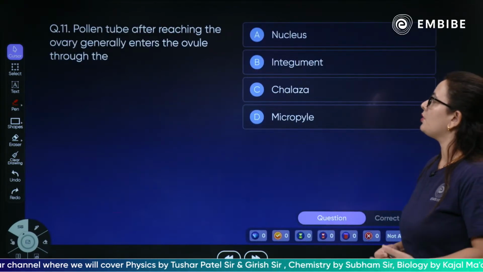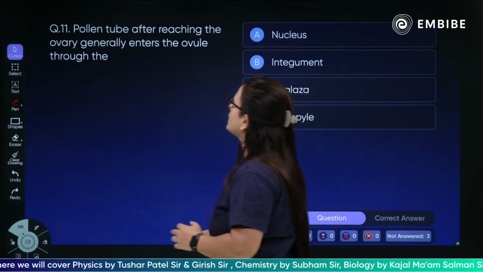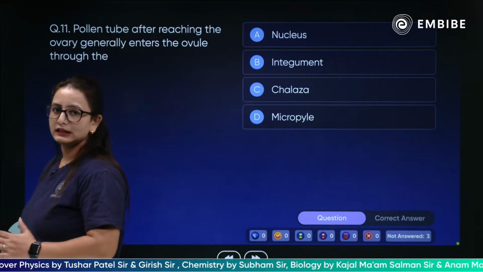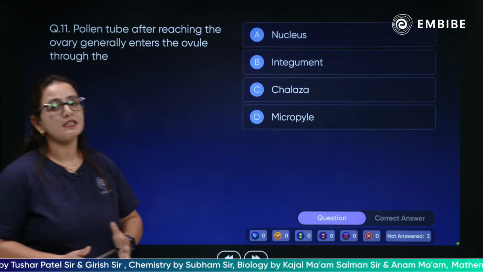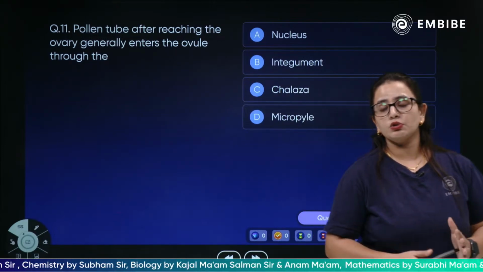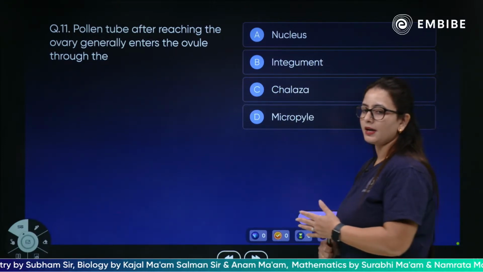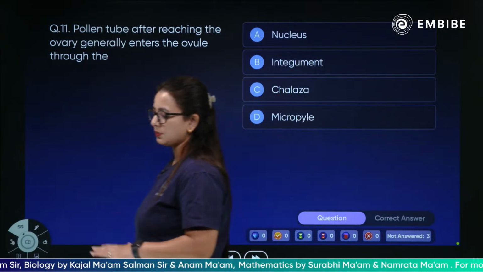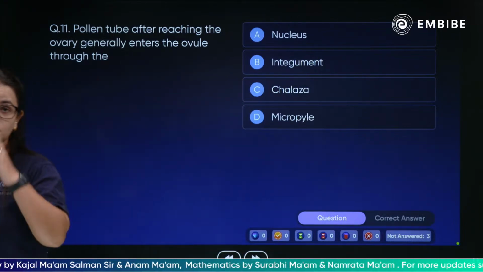Next question: the pollen tube after reaching the ovule generally enters the ovule through which structure? The options are nucleus, integument, flaccid and micropyle. Who is basically responsible for the entry of the pollen tube?